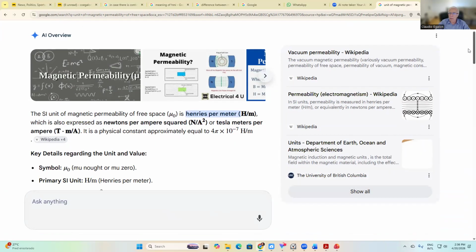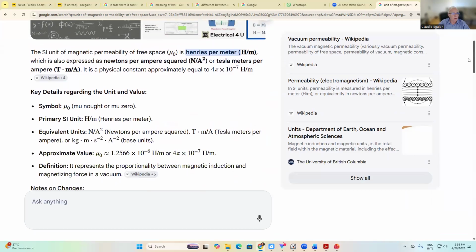We didn't talk about the unit of Henry yet, so let's stick to Newton per ampere squared, which is the same as Tesla meter per ampere, or kilogram meter per second squared divided by ampere squared. Those are the base units.